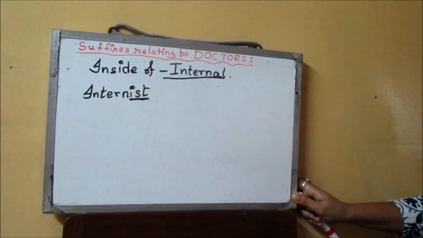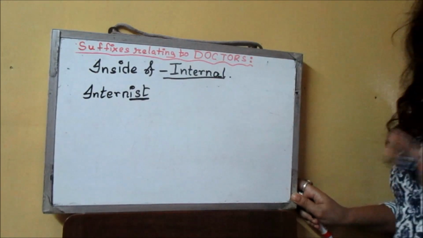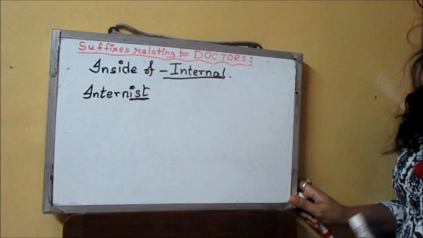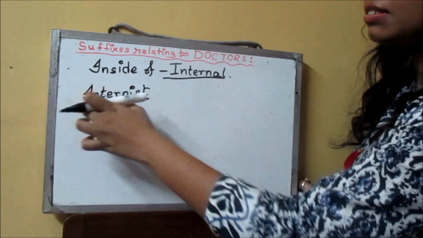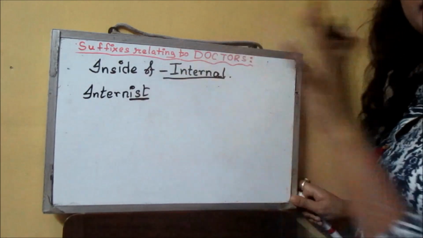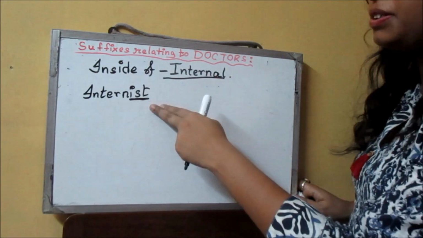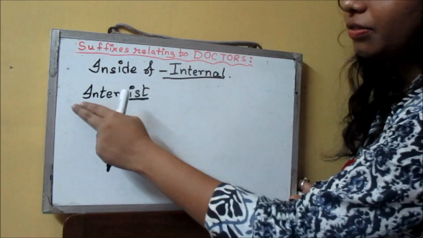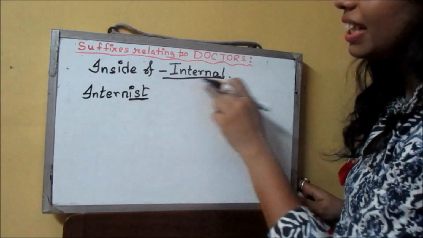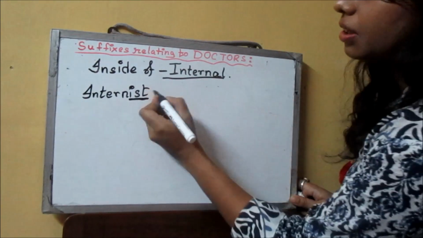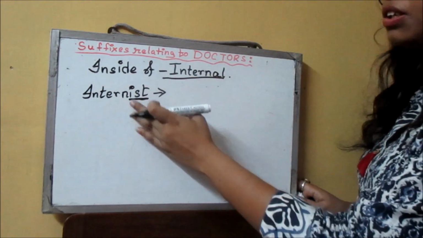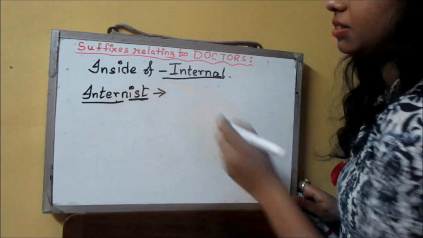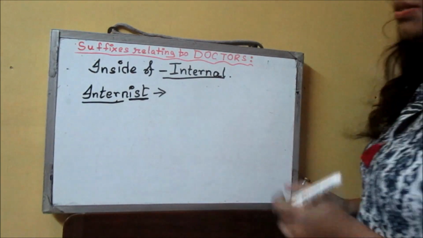Ist means one who expertises in something, right? So we can guess that this internist is a person who is an expert with the internal, right? So a person who is an expert of the internal things is an internist, right?